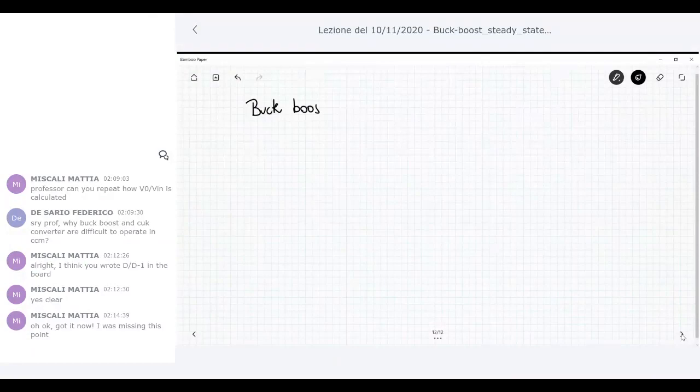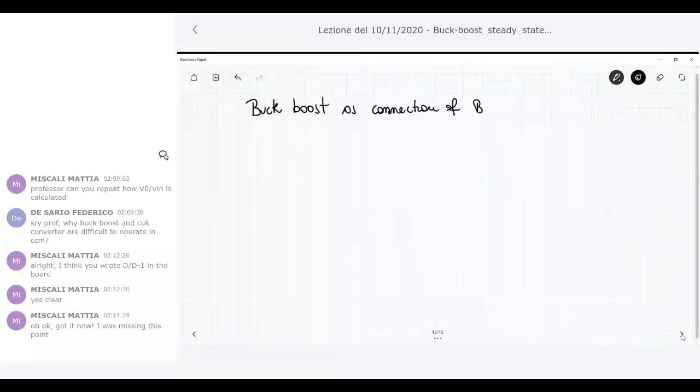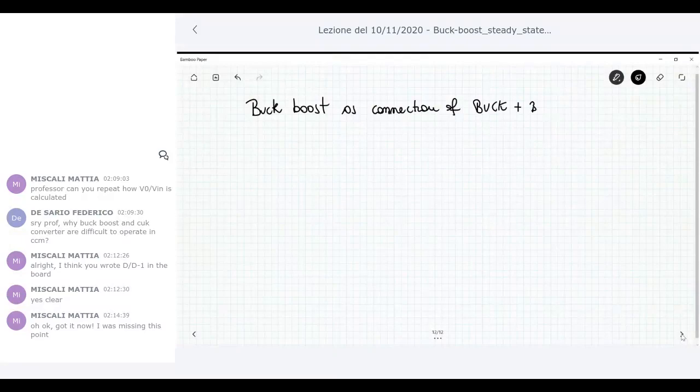Okay. So buck boost as connection of buck and boost.